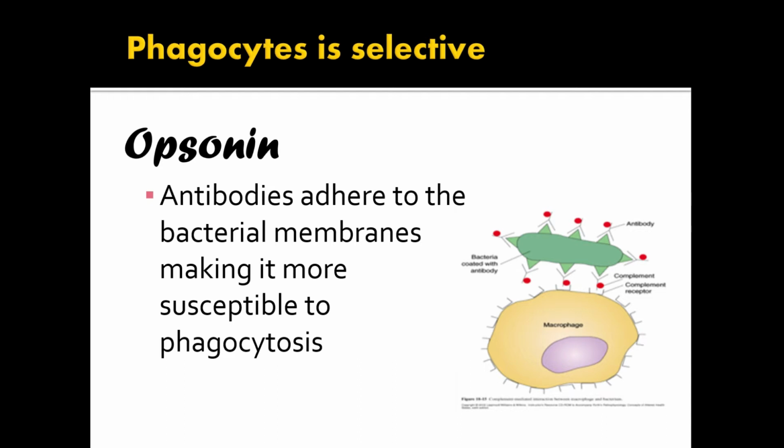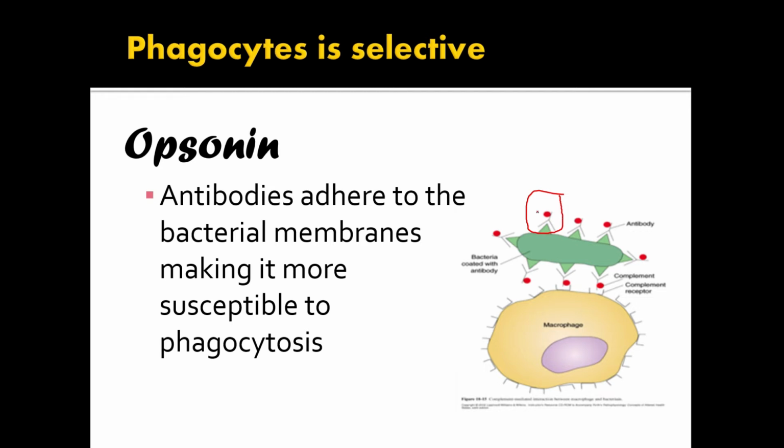Opsonins are basically antibodies. Antibodies, as you can see, adhere to the bacteria. This is the antibody that is attached to this bacterium, and this antibody is not from the body, meaning it is foreign to us. So what will happen?